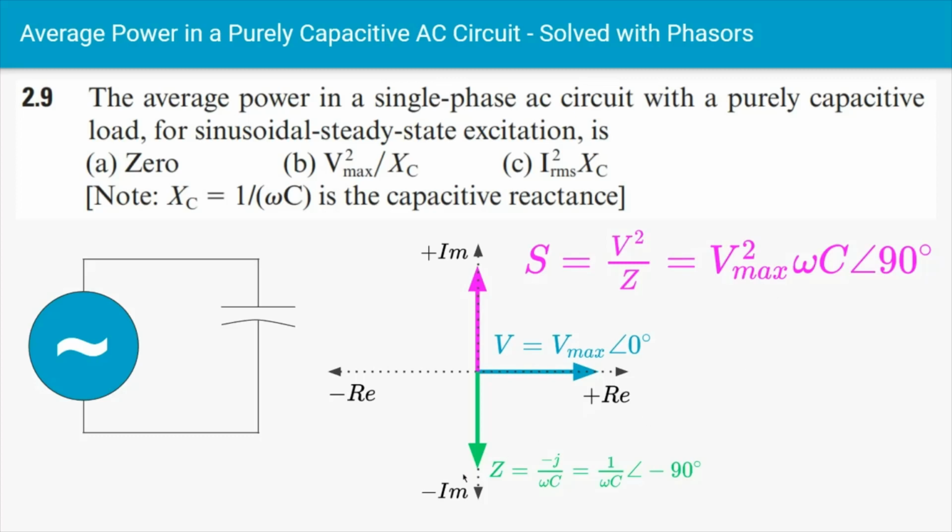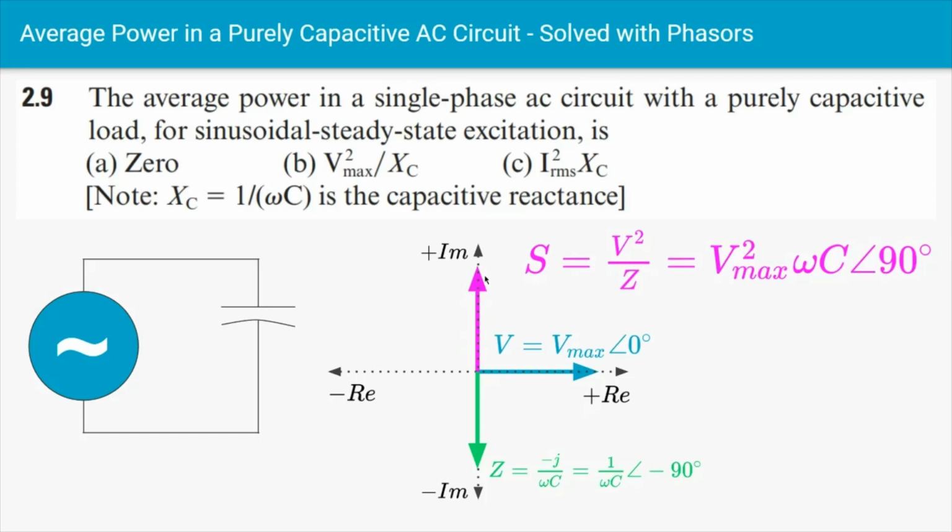Now, when I divide by my impedance phasor, I'm going to take the omega C up to the top, and then I take the angle that I had, 0 degrees, as my angle, and since I'm dividing by this phasor, we actually do 0 minus negative 90 degrees for a total of positive 90 degrees. So this is the magnitude that the apparent power phasor would have. And then this is the angle, positive 90 degrees.